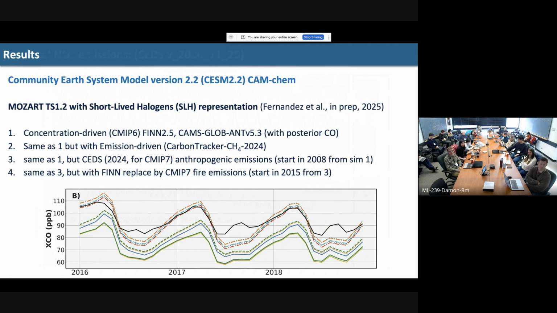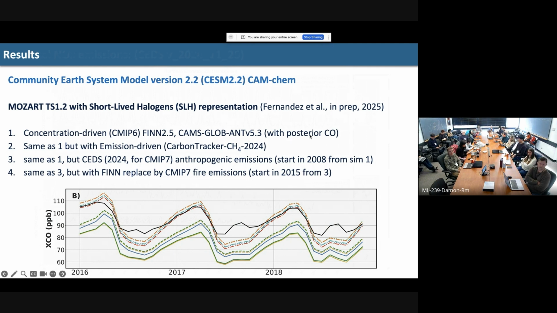And I did 4 simulations. The first one is concentration-driven, and emissions, so standard CMIP6 somehow, with fire emissions using this only because we're covering the longer period, that starts in 2003 here.